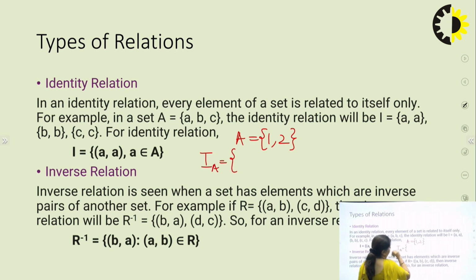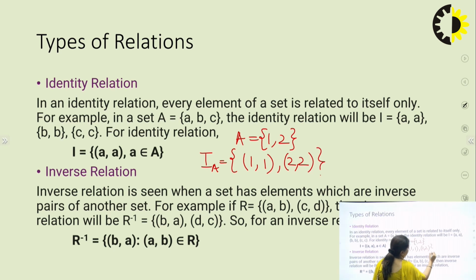My identity relation IA will contain only the pairs of elements which are in the form of (a,a). So, for this set A, I can have (1,1) or (2,2). These are the 2 (a,a) pairs which are possible for this set A. So, my identity relation is going to contain (1,1) and (2,2).